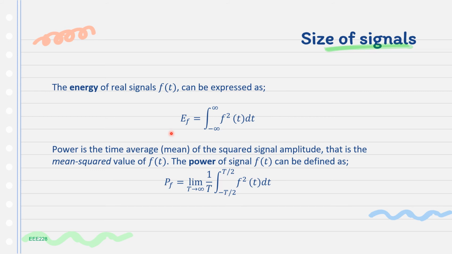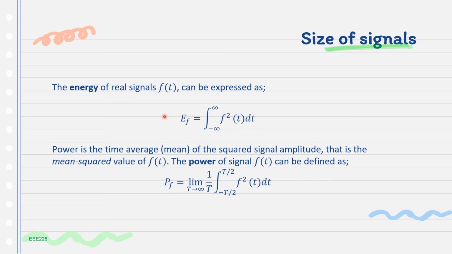So I repeat, we can measure the size of the signals by finding the energy of the signals if the signal has amplitudes which approach zero as time goes to infinity, because the expression for energy is actually finding the area under the graph, right?